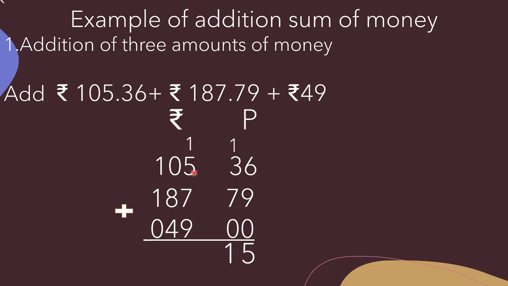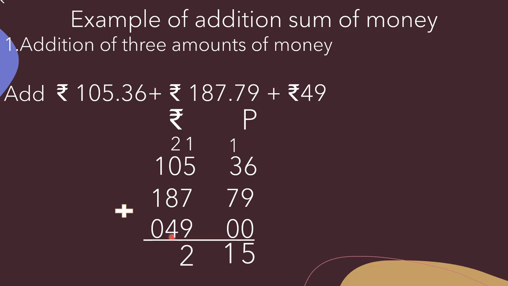Now 1 plus 5 is equal to 6. 6 plus 7 is equal to 13. Okay, and 13 plus 9 is equal to 22. So here we will write 2 and 2 will be carryover. Okay, now 2 plus 0 is equal to 2. 2 plus 8 is equal to 10 and 10 plus 4 is equal to 14.